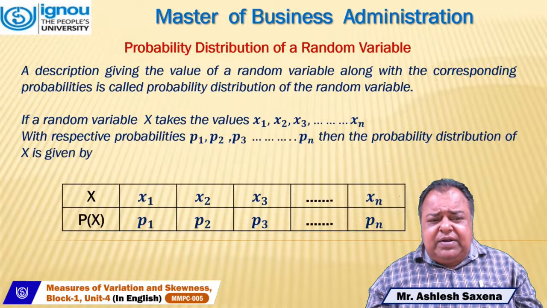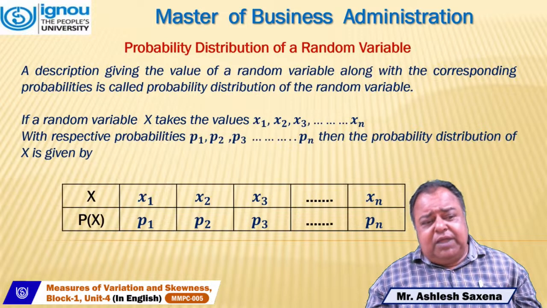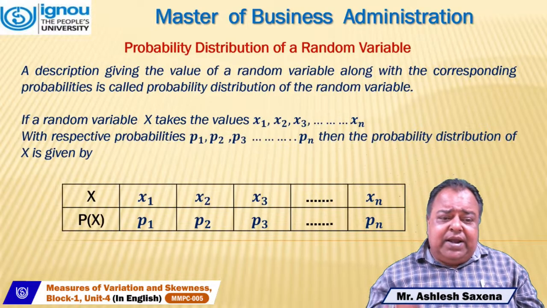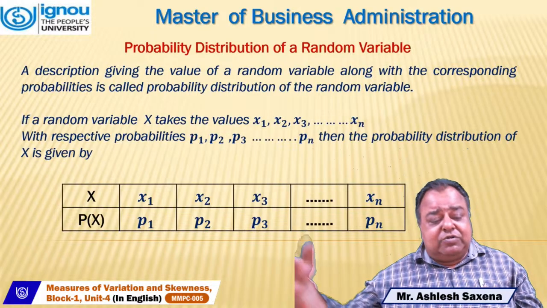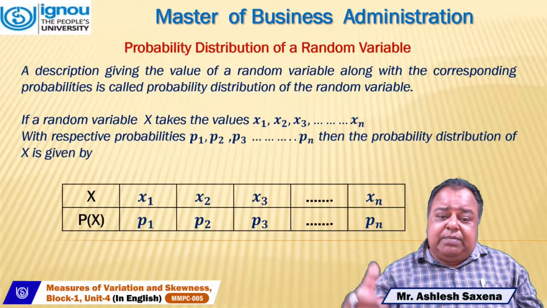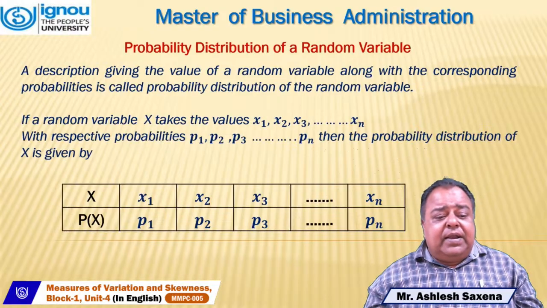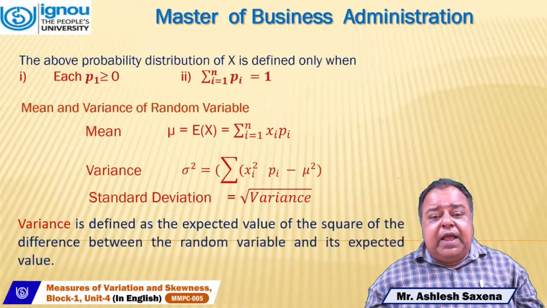A description giving the values of a random variable along with the corresponding probabilities is called the probability distribution of the random variable. You can see over here, the random variable x takes the values x1, x2 till xn, and the respective probabilities will be p1, p2 till pn. Mathematically, it is written like this.